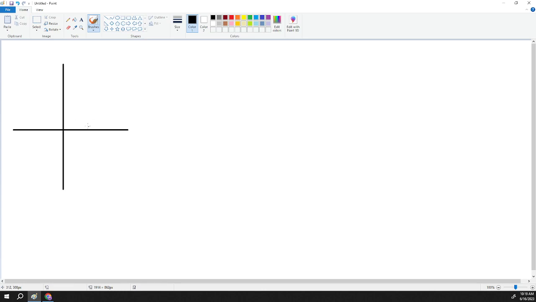If I give 120, 90 minus 120 would be negative 30. Then you have the floor of 390 over 360, which is just equal to 1. You end up with negative 31.